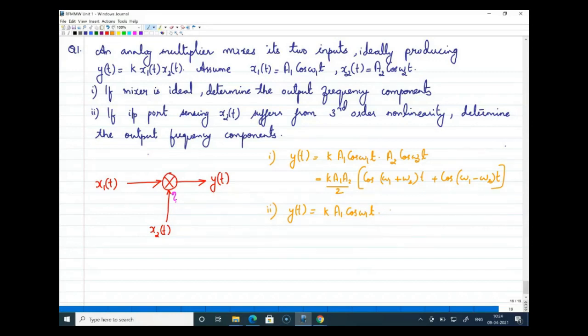Along with a2 cos omega 2t, I have to consider the third order nonlinear term.